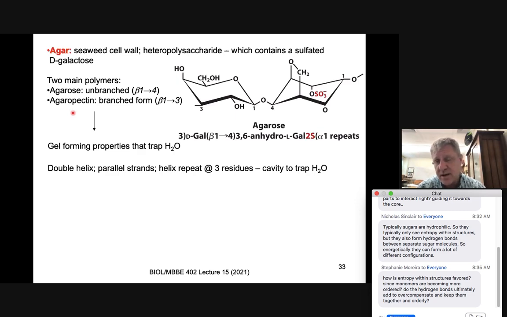Because what it actually does in its structure, as we saw similar to the amylopectin, produces a double strand which basically winds around itself, and these parallel upon parallel strands have that capacity, and it's going to basically repeat every 3 carbohydrate residues. That repeat, that cyclic component, provides a small cavity to trap molecular water.